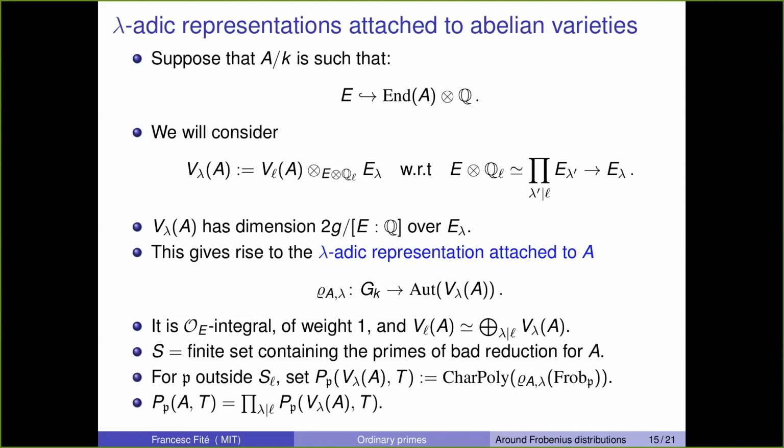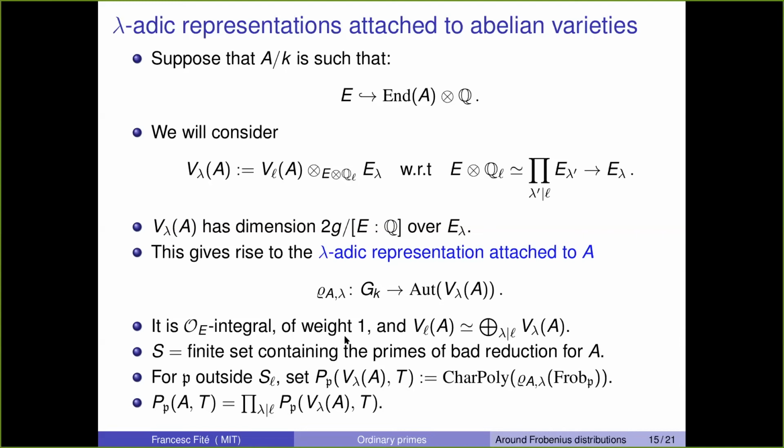So from now on, S will be a finite set of primes of K that contain the primes of bad reduction for A. And for any prime P which is outside S_L, and S_L is just the union of S and the set of primes of K which lie above the prime L, I will set a notation analogous to the notation I use for the characteristic polynomial of Frobenius acting on the elliptic Tate module.